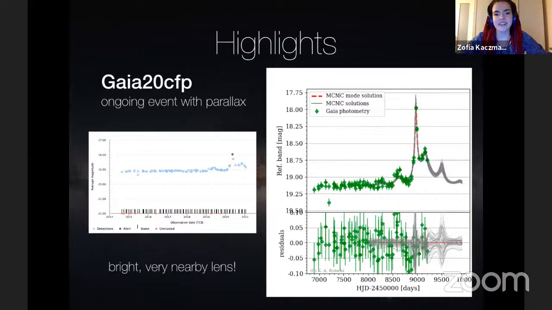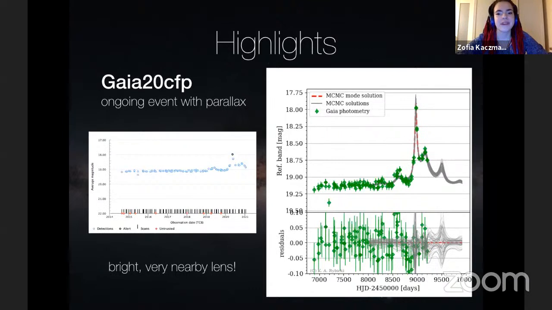And what is interesting here is that the lens is actually very bright. It's responsible for more than 90% of the light in this blended light curve, actually. And also it's very nearby.